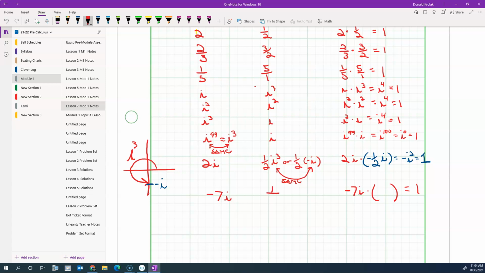So 1 over 7, which is the same as negative i. Move the negative out front, negative 1/7 i. Okay, so I'm going to erase that and just put negative 1/7 i.